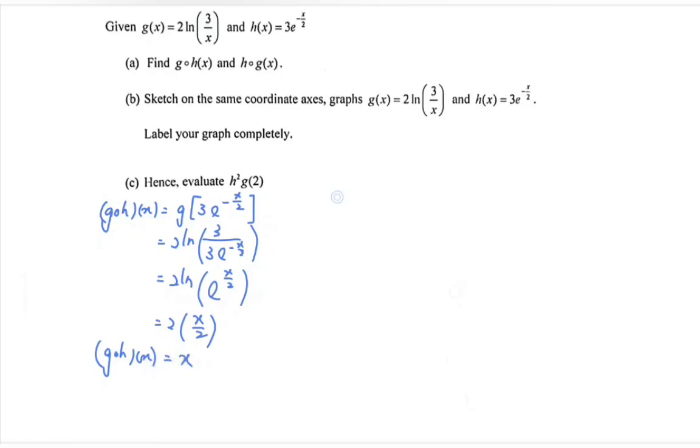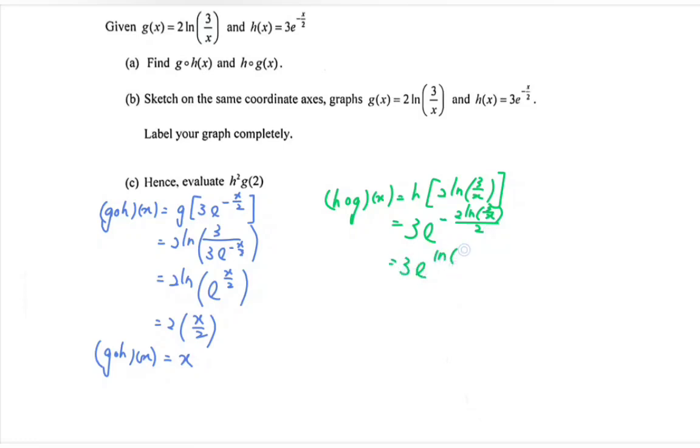Continue, we have h∘g. So h(g(x)), where g is 2 ln(3/x). If we substitute into h, then we have 3e^(-2 ln(3/x)/2).